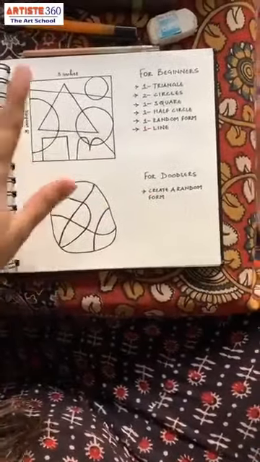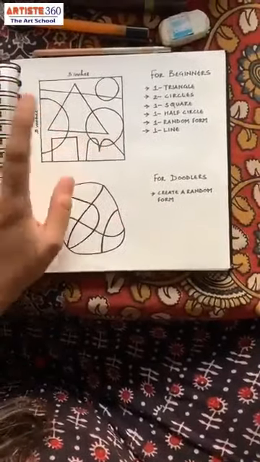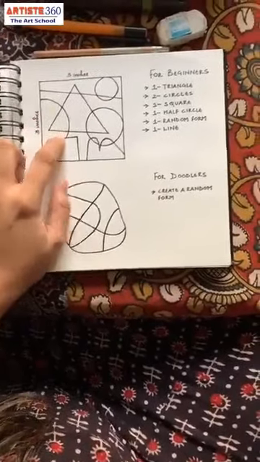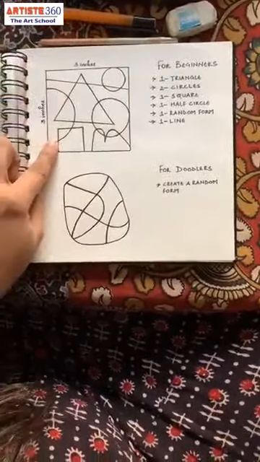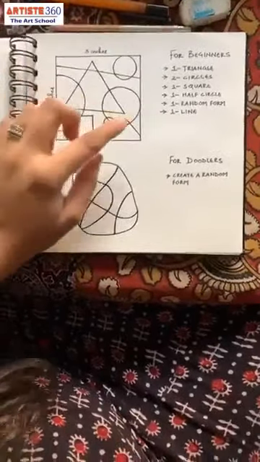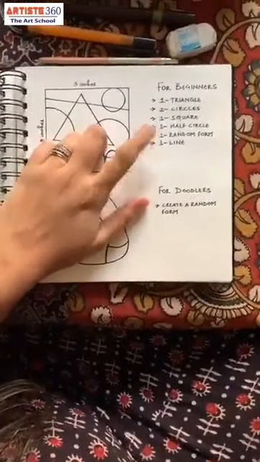Now make sure when you're creating these forms, you are cutting all the edges. Now I don't want you to copy the exact same thing. This is just for your reference. You create your own personal design for yourself. Just make sure that you fulfill this criteria.